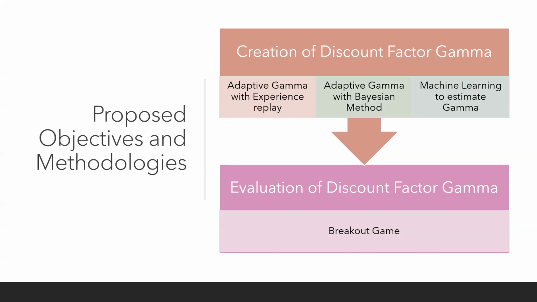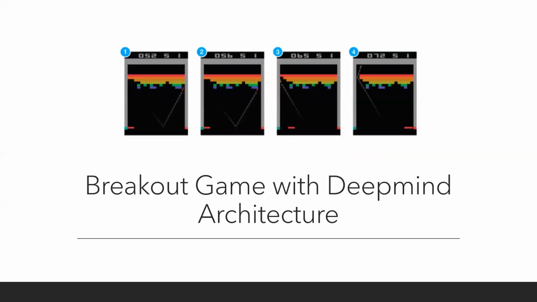I plan to use the Atari Breakout game, which I guess everyone is familiar with, the little dot and the disk, to compare the current discount factor gamma with the newly created discount factor. And in any case, I would like to present a metrics comparison between the new method and the current method.